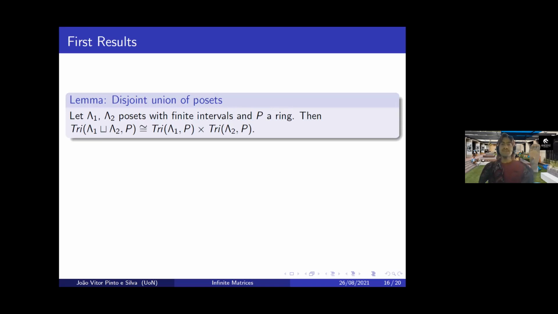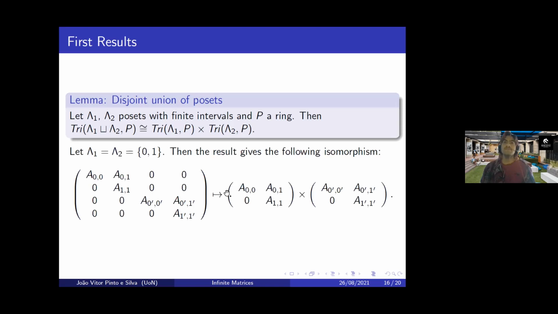The elements will be of the disjoint union of both posets, and they are not comparable between themselves, but they have the same properties that they had before. This is more like a coproduct in the category of posets, and it becomes a product in the category of our triangular matrices. So this was the first result that made me think that there might be a duality around here.